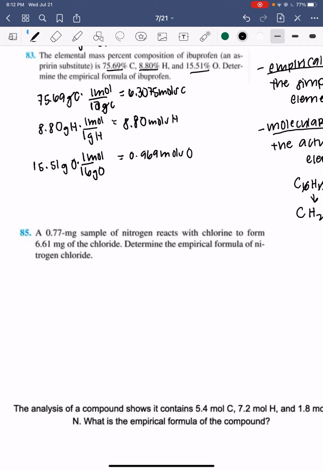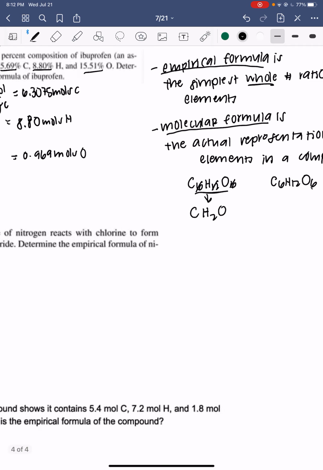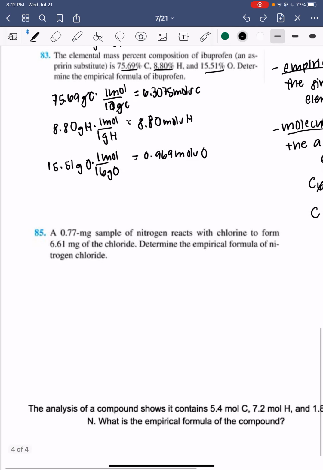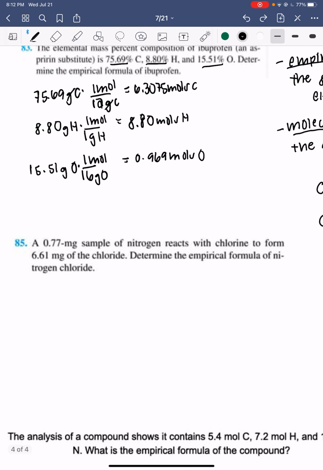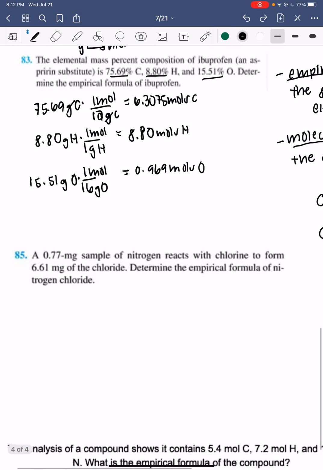Now, when you see a chemical formula like this, the little subscripts right there represent moles, not grams. But here we can see that these are not whole numbers, so we need to do something to get them to whole numbers, so we can get an acceptable empirical formula here. And the way to do that is to divide the numbers by the least amount of moles that you see here.